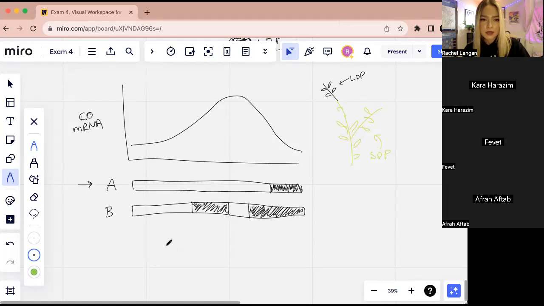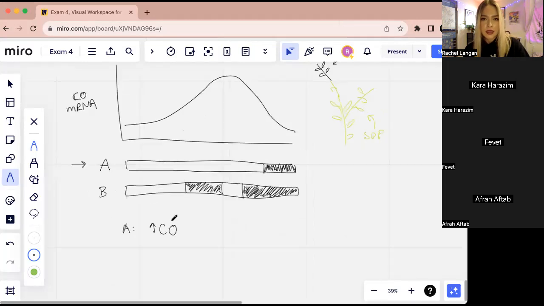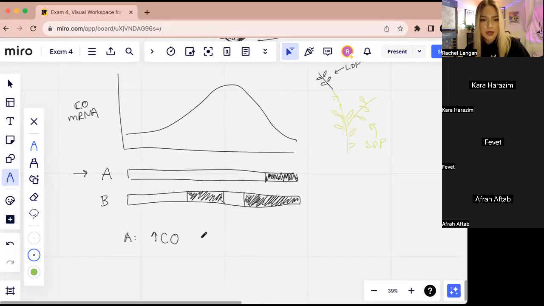So because of that, we would expect high amounts of CO in A throughout the whole plant. So in the short day plant, high amounts of CO is going to repress FT.